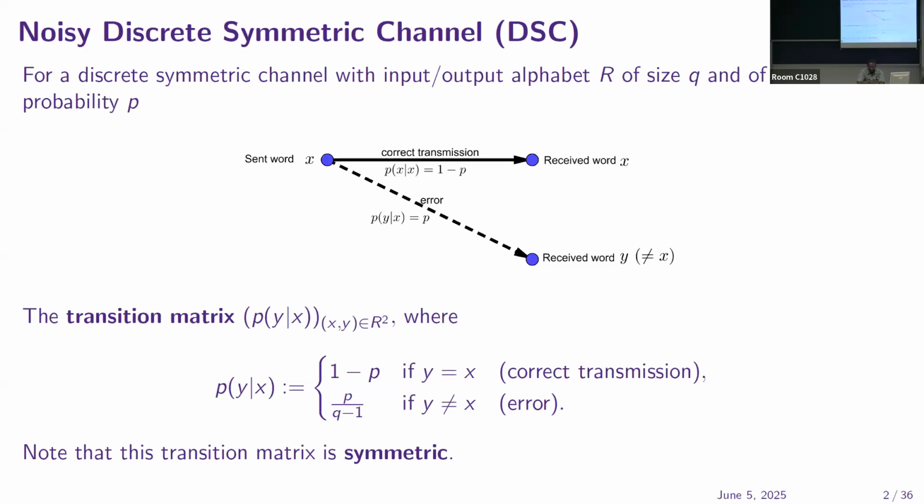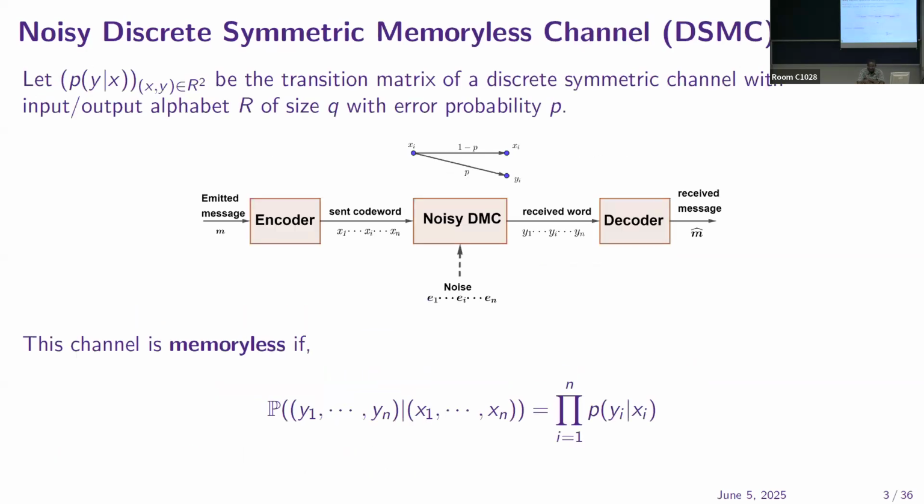Note that this transmission matrix is symmetric. Okay. Let P(y|x) be a transmission matrix of a discrete symmetric channel with input-output alphabet R of size Q with error probability P.